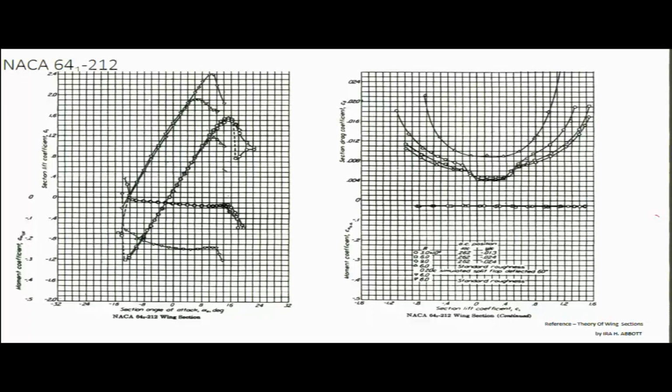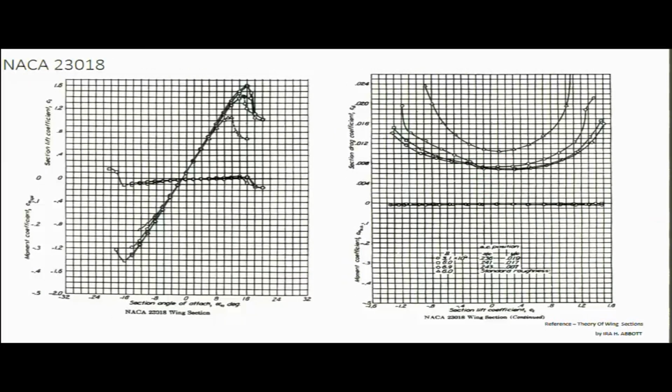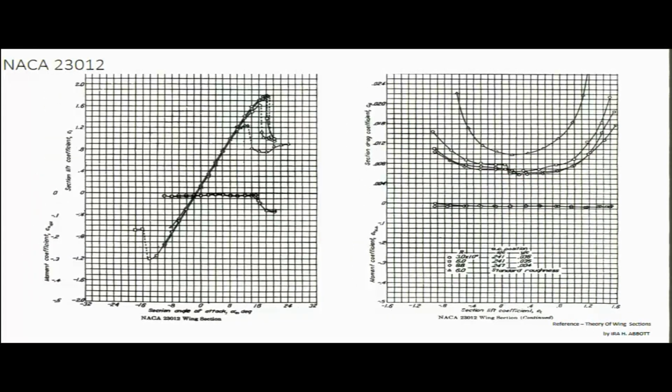Now comes the 6 series aerofoil. See, there is a huge difference. The main thing that we can notice is a drag bucket. This is what we discussed in our earlier lectures. In the previous case, if you look at the CD versus CL drag polar plot, there is no significant drag bucket.